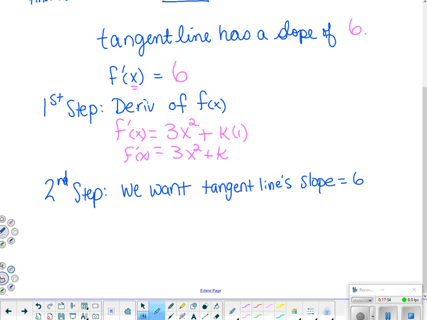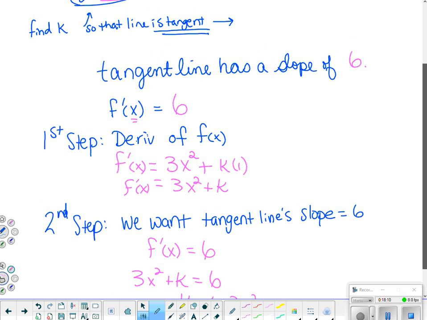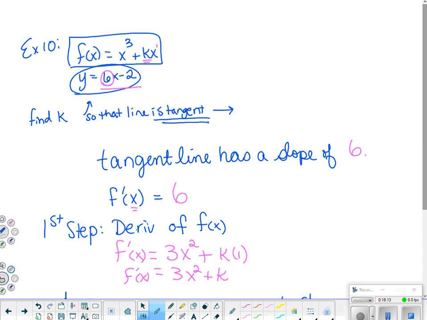So f prime of x must be 6, or 3x squared plus k must equal 6. What can I do with that? Well, I could solve for k. k equals 6 minus 3x squared. And then I can substitute this back into my original equation.